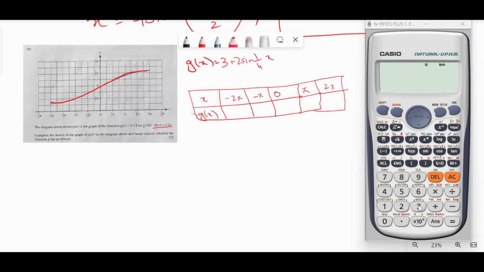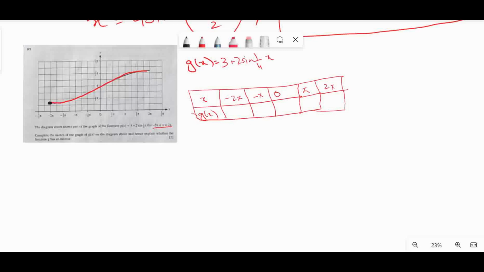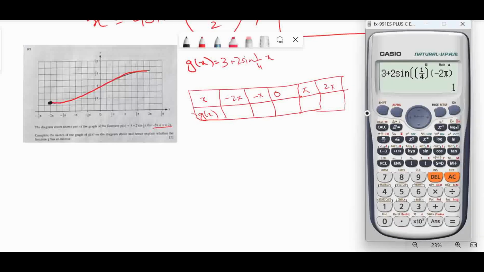Now the equation is 3 plus 2 sine of 1 by 4, bracket close, times minus 2 pi. So this will be equal to 1. So 1 will be somewhere here, so this will be the point.